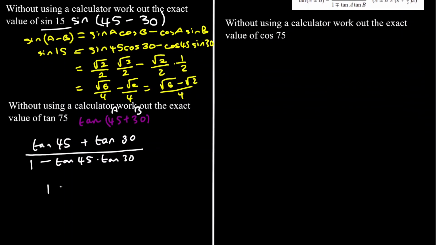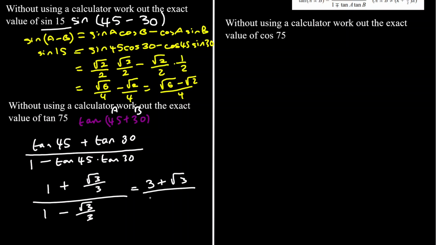So that would be 1 plus square root 3 over 3, over 1 minus, well, square root 3 over 3 times 1 is just square root 3 over 3. I do want to simplify this, so times top and bottom by 3 and get 3 plus square root 3 over 3 minus square root 3.